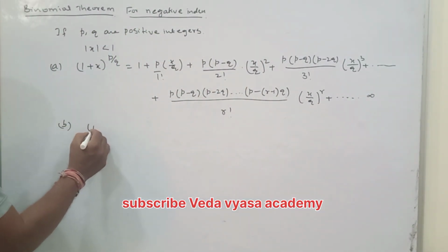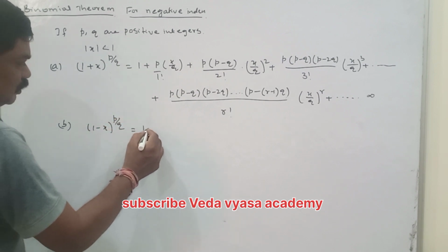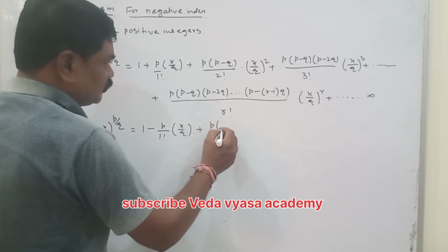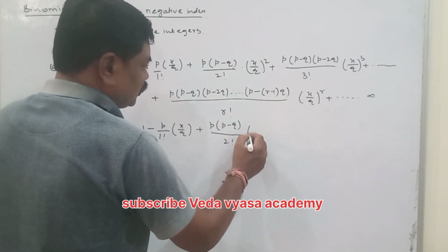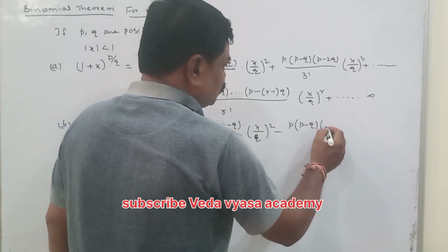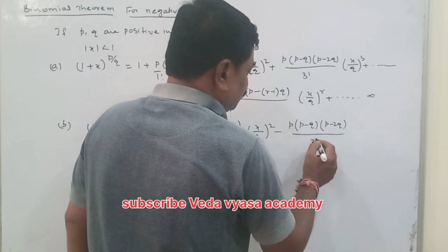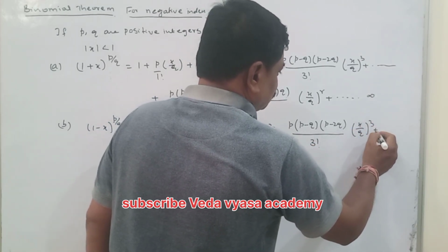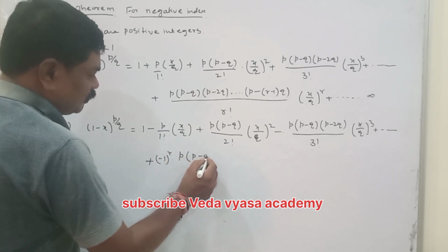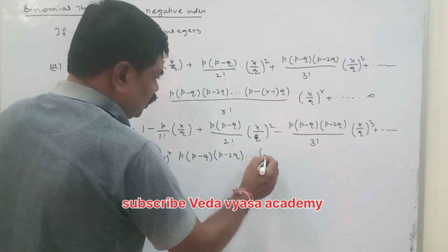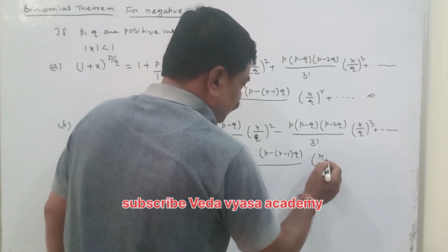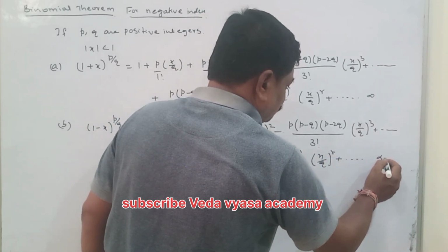Next, (1 − x)^(p/q) = 1 − p/1! (x/q) + p(p − q)/2! (x/q)² − p(p − q)(p − 2q)/3! (x/q)³ + and so on + (−1)^r p(p − q)(p − 2q) and so on (p − (r − 1)q)/r! (x/q)^r + and so on up to infinity.